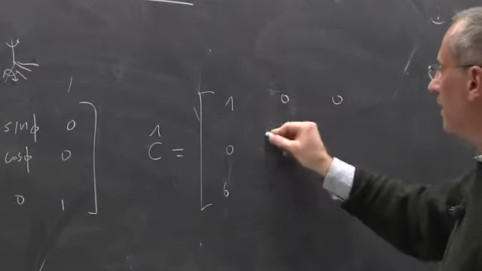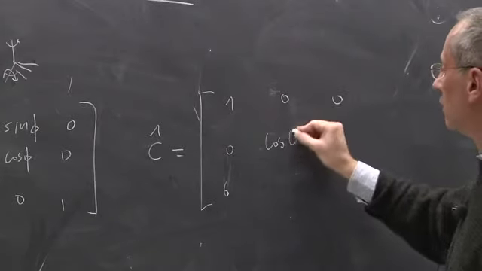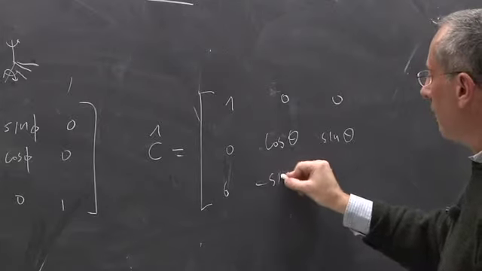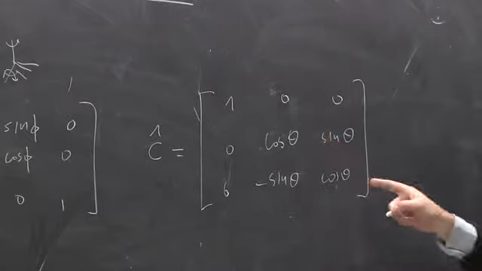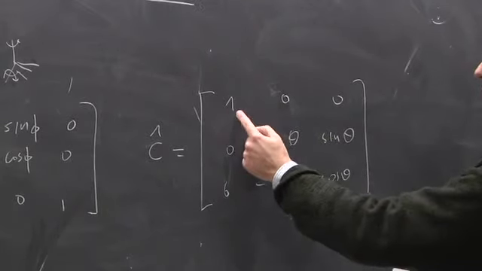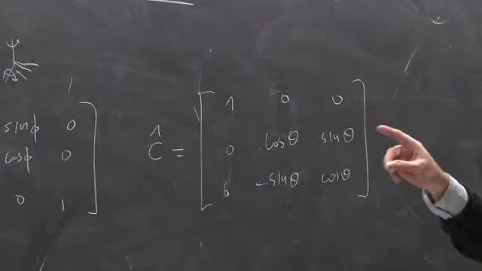The only thing is I have to remember that now I'm talking about theta, not phi. So I have sine theta, minus sine theta, cosine theta, right? So this matrix describes a rotation about the x axis.